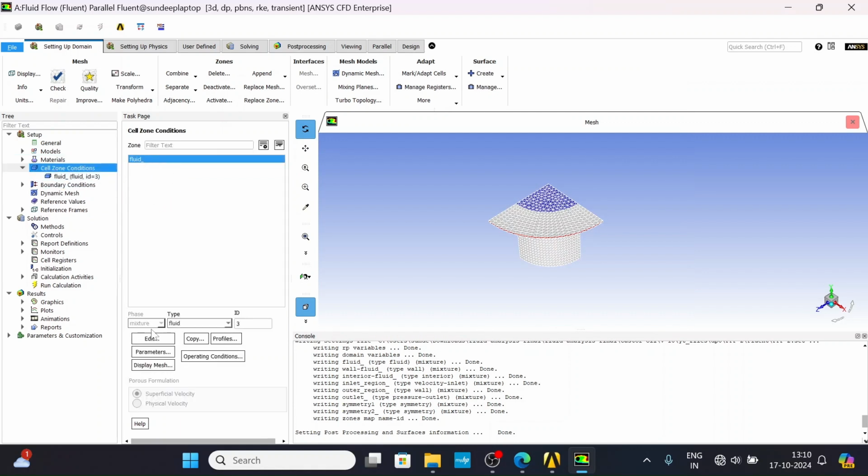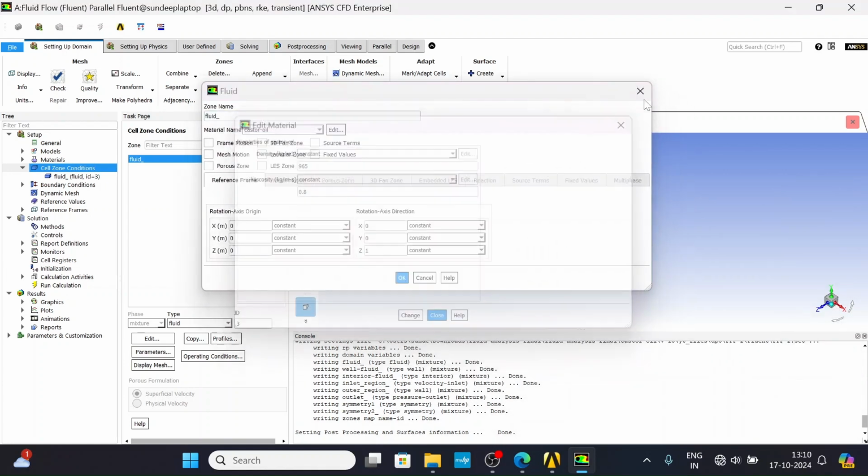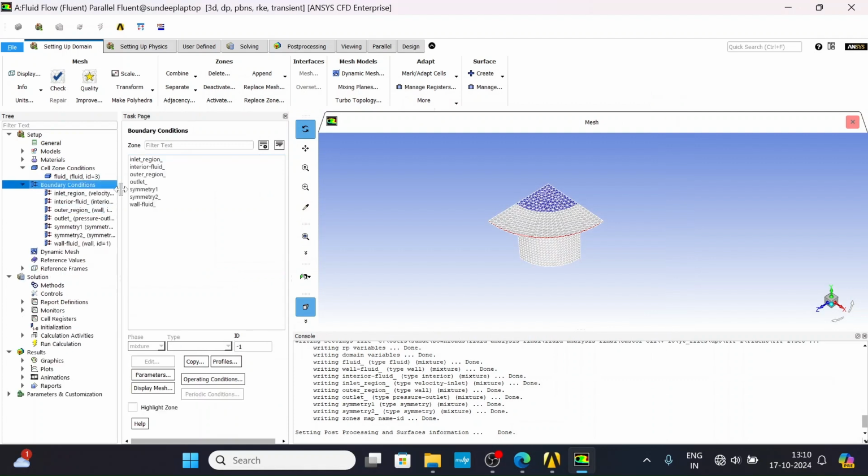Under Celsius condition, fluid, edit, castor oil. Okay, now under boundary conditions.